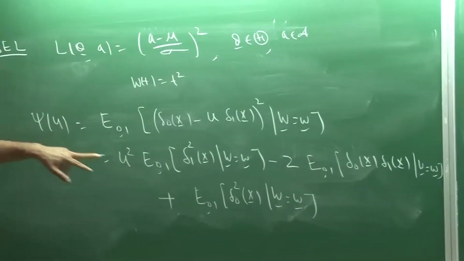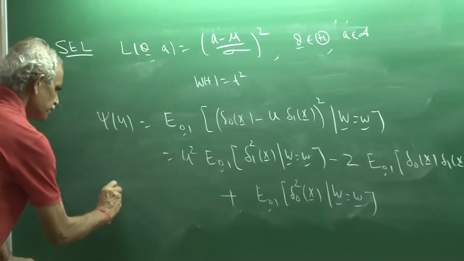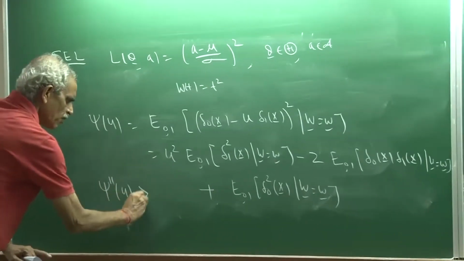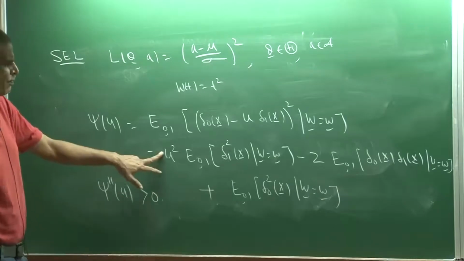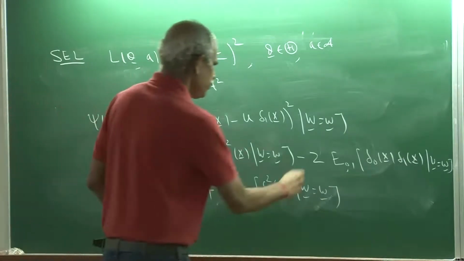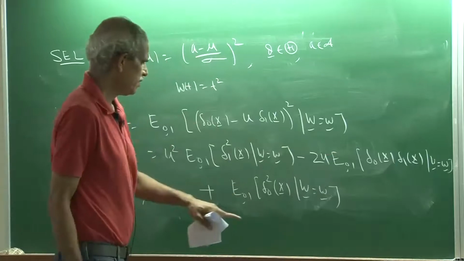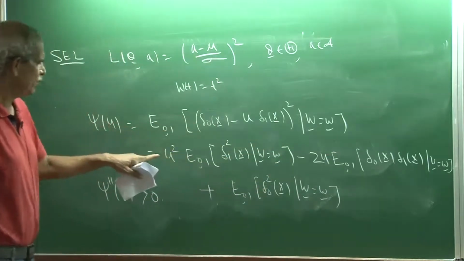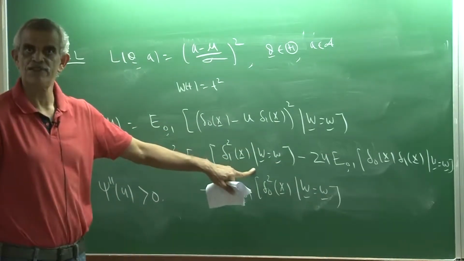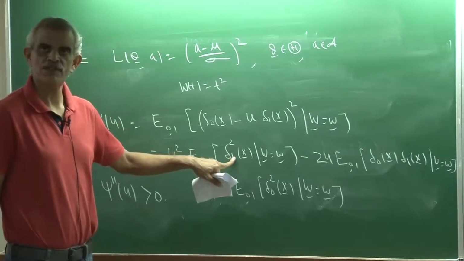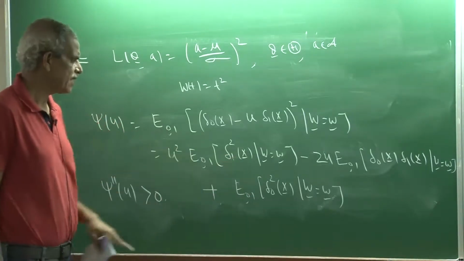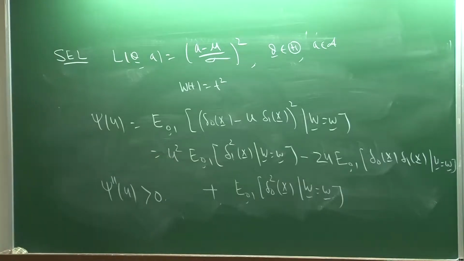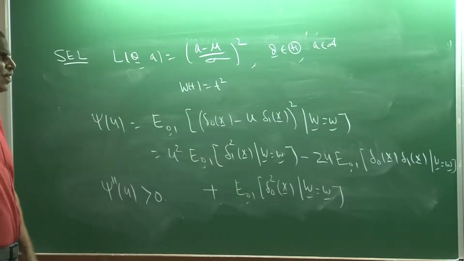So note that if I take the double derivative, psi double prime u is always greater than 0. This would be 2 times the expected value of this, and this is the expected value of a squared quantity, which would be greater than 0 unless delta 1 is 0 with probability 1. So that means derivative equal to 0 gives me a minimum.